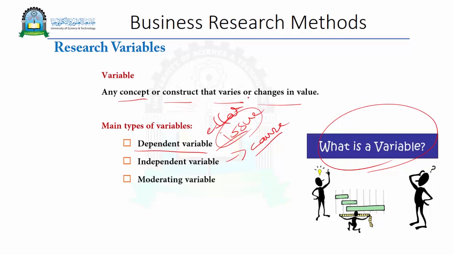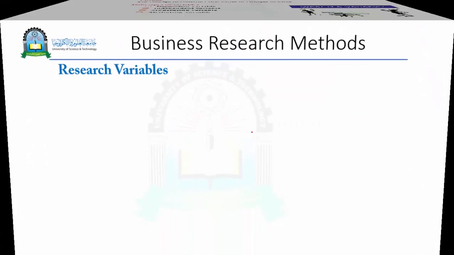And the third one is going to be the moderating variable, which is a variable which changes the relationship between the cause and effect. The fourth one is the mediating variable, which is a variable that can connect between the IV and the DV, the independent variable and dependent variable.